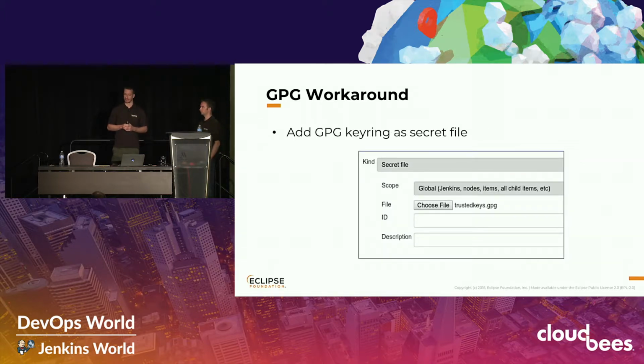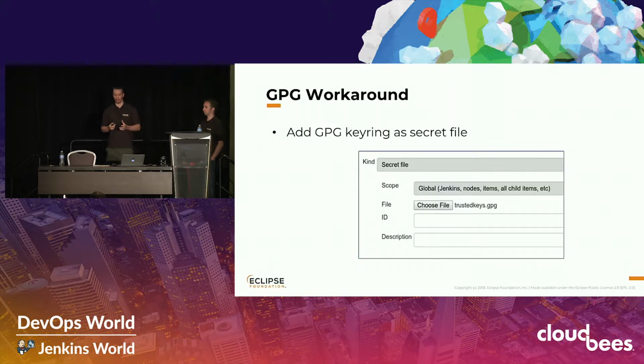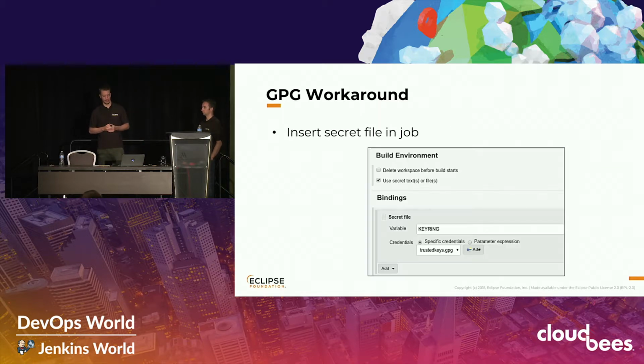The next step is that we have to somehow store the GPG keyring. There's a way to do this also with the credentials plugin, where you can store a secret file, in this case the trusted keys GPG file. This as well has to be inserted into the job.